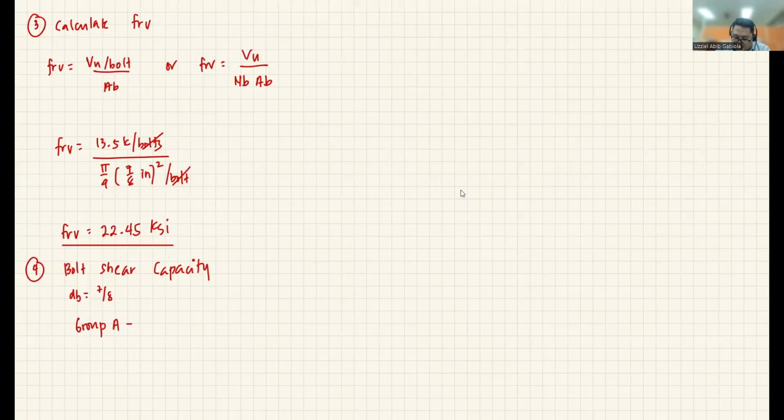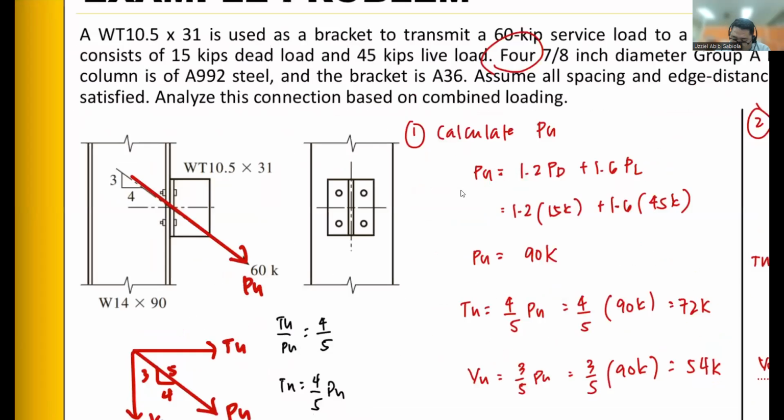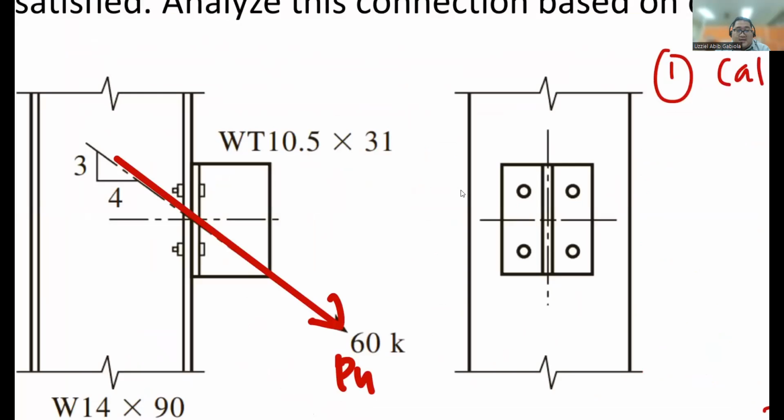Included, or N. Tapos, ano yung shear plane natin? Single shear connection. Single shear lang siya, no? Kasi makikita naman dito, ito lang yung nasi-shear off sa kanya. Isang area lang nung bolt natin. So, single shear lang tayo.